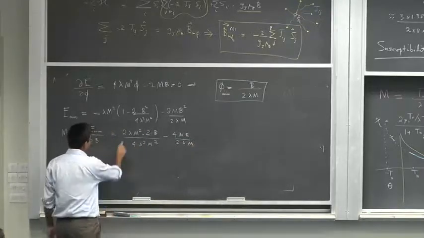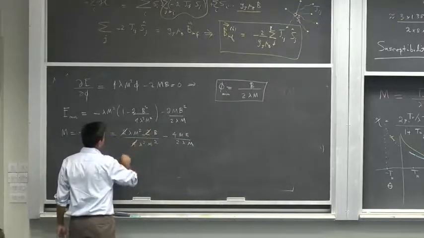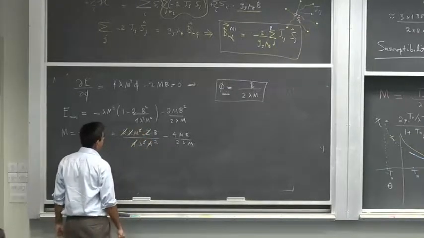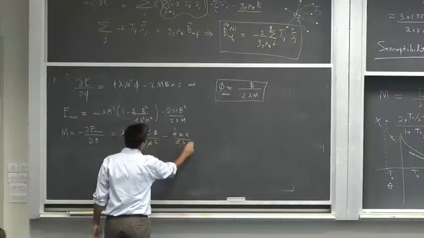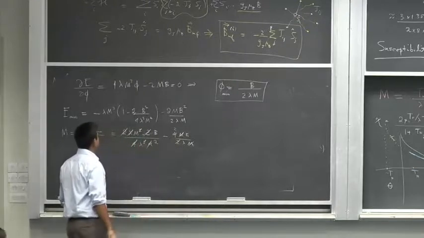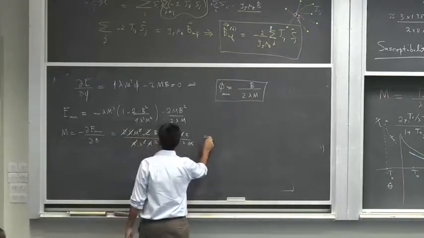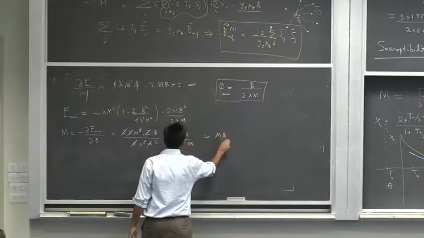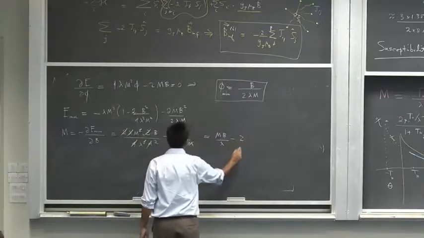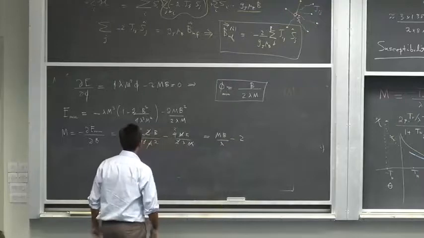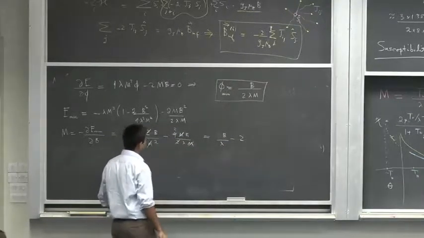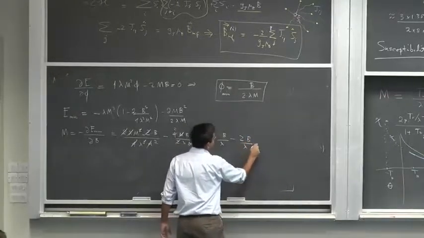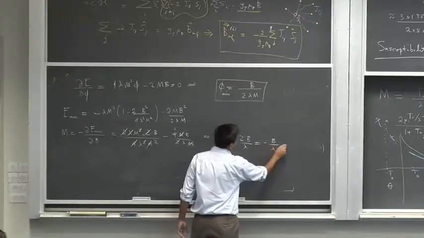Let me do some cancellations. So this gives me mb over lambda minus 2 B over lambda, which is minus B over lambda.